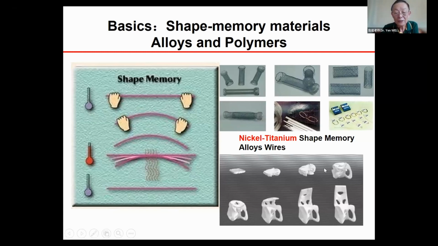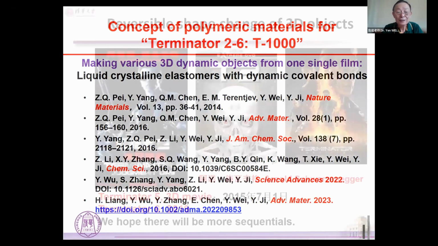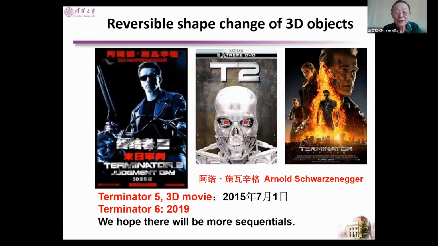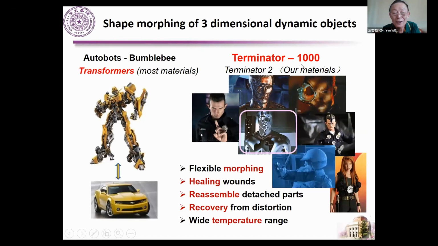This material is extremely important. Now we get into those projects, mainly by Prof. GM. Let's quickly go through this. There is a Schwarzenegger movie, remember that movie? It has a very special material called P1000 material. Those materials have flexible motion; they can change shape. They can also heal wounds.